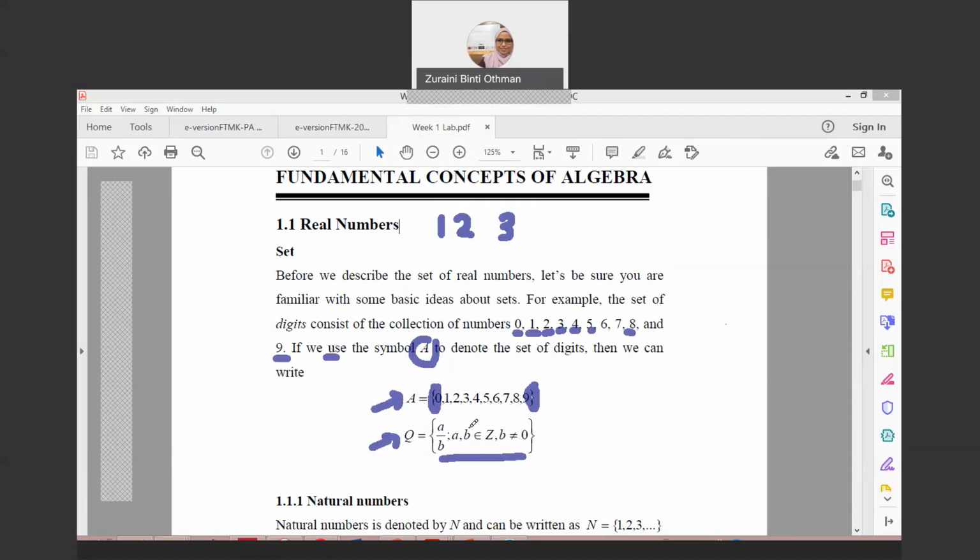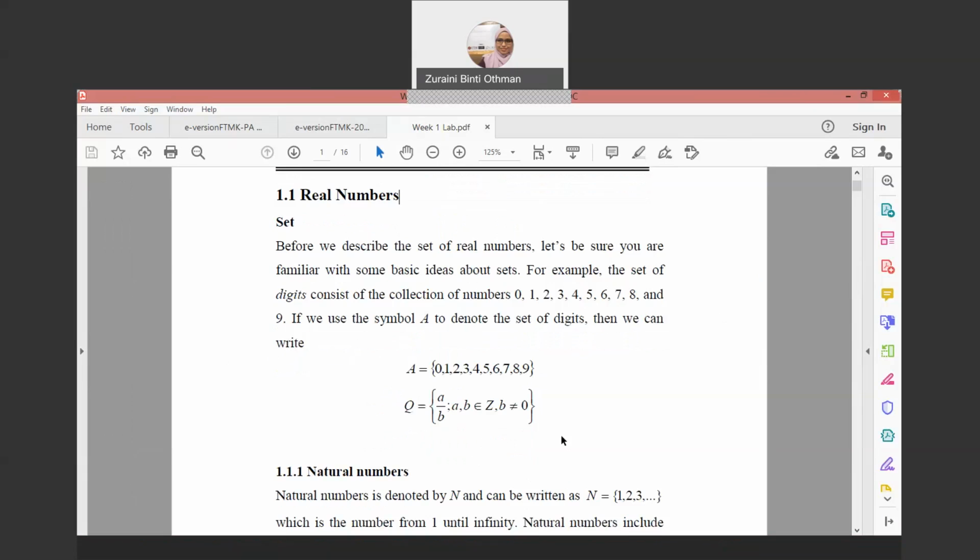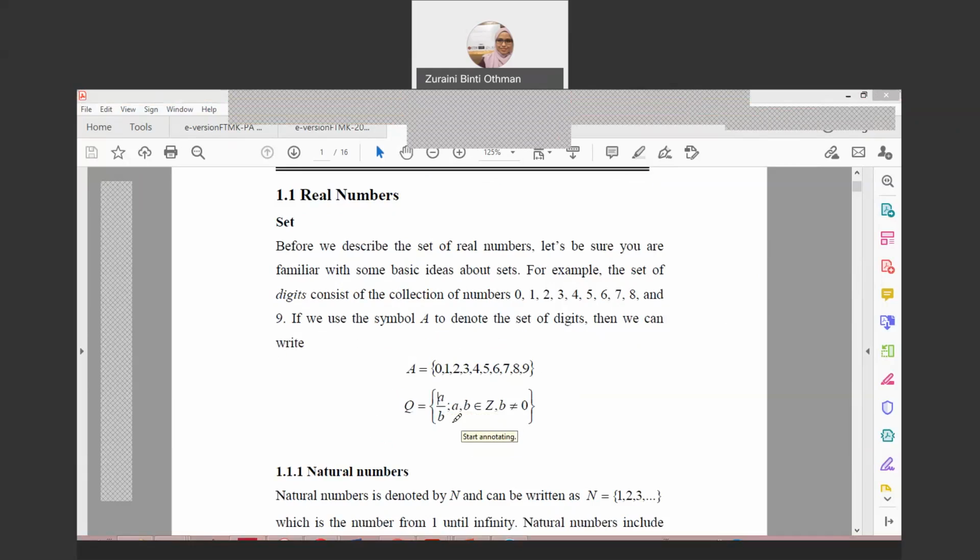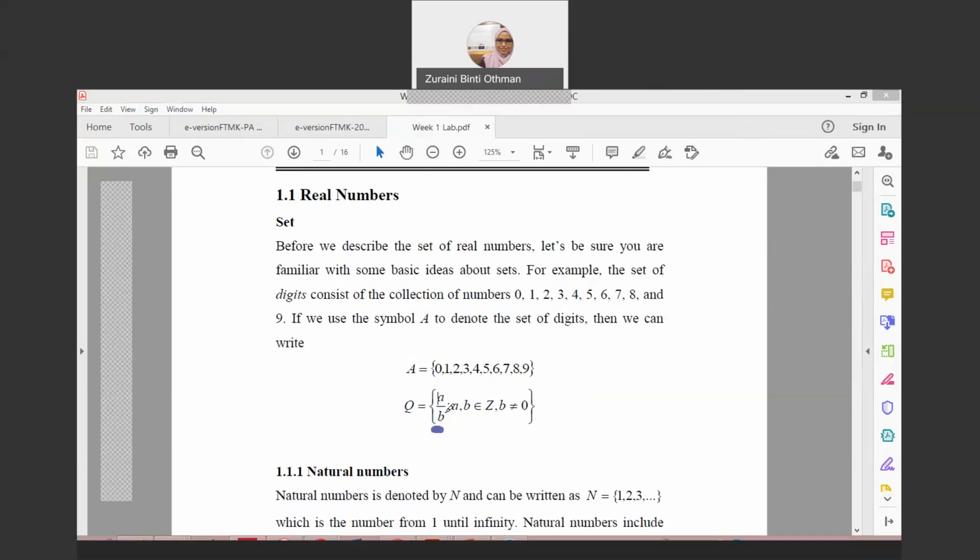This is A divided by B, A bahagi B, A, B element of Z, and B is not equal to 0. Maksudnya Q ni ialah apa-apa nombor A bahagi dengan B.